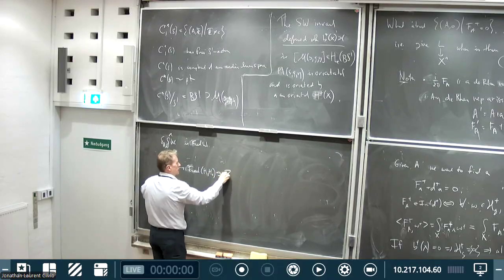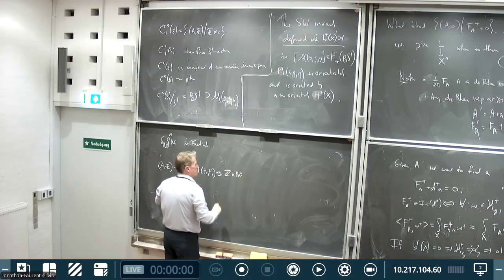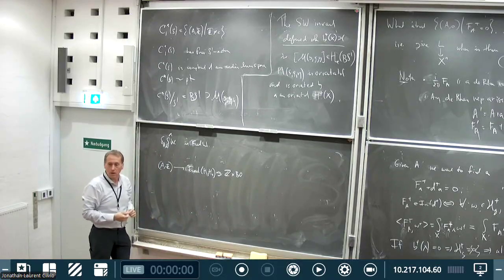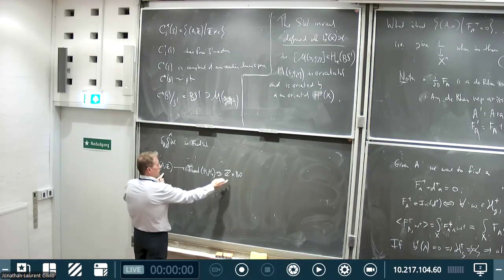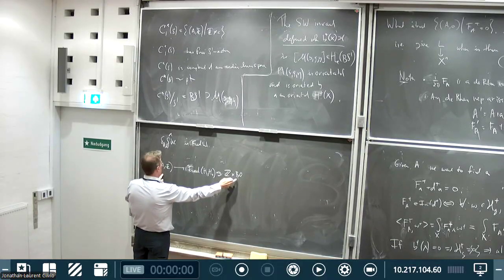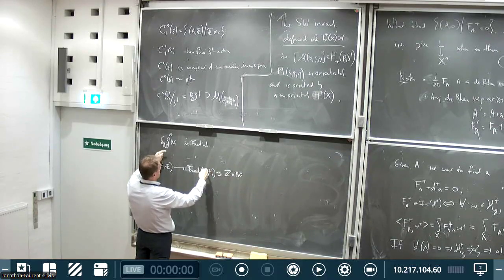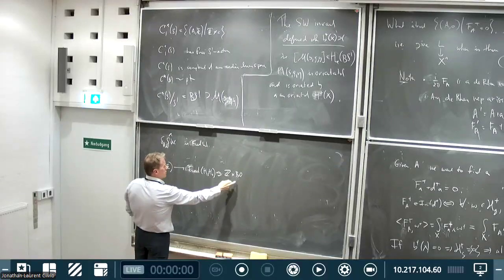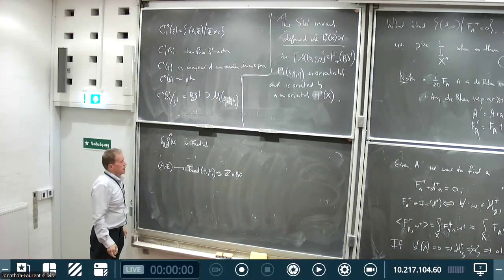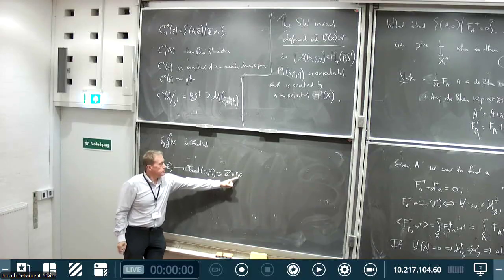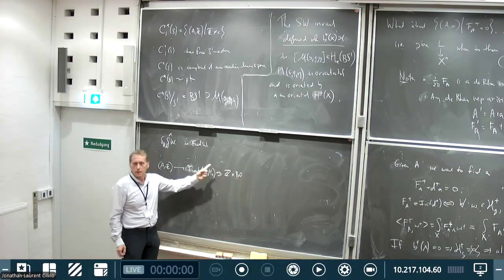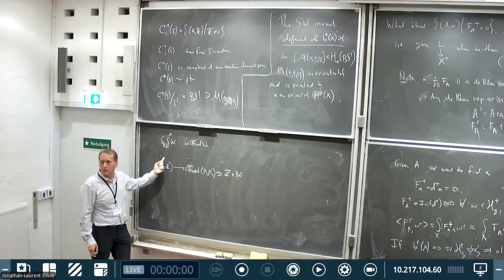And as I said, that's a copy of the classifying space BO. So the orientability issue boils down to the question of whether the pullback of the H1 class in here by this map is non-trivial.